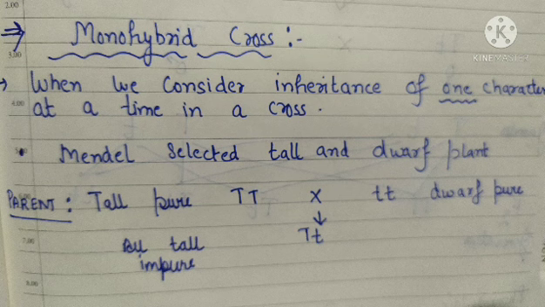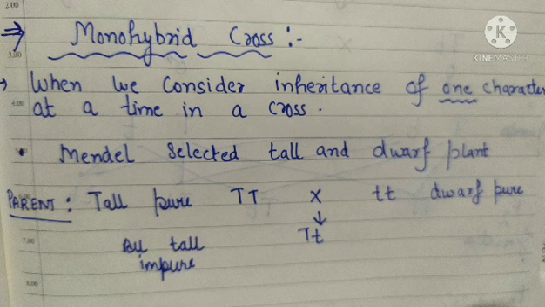You should always remember: hybrid is equal to heterozygous condition. Now you see here only one character, that is height, is considered, and the alleles are of the character height, so it is a monohybrid. Here capital T small t represents the monohybrid, that is the heterozygous condition. Why is it known as monohybrid?